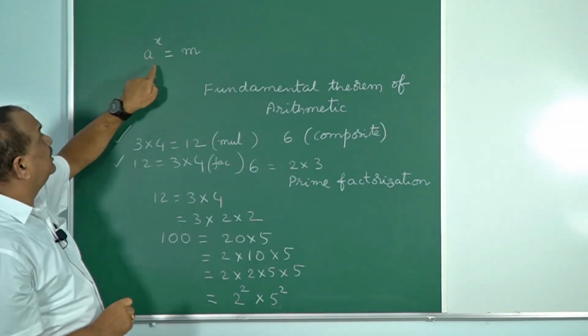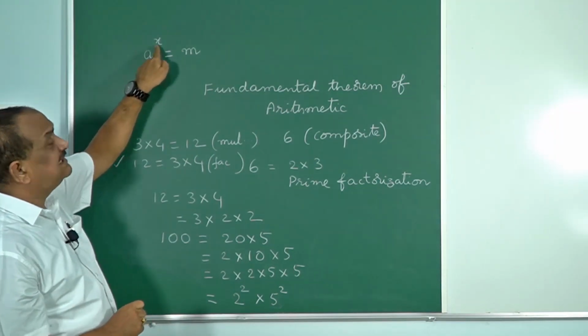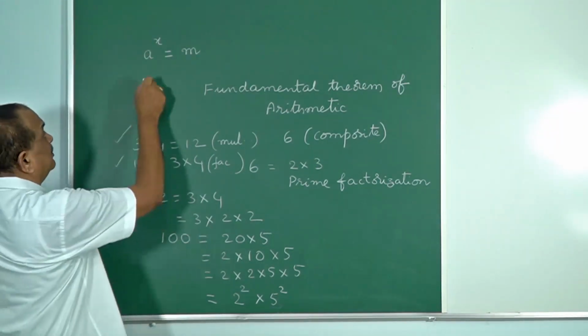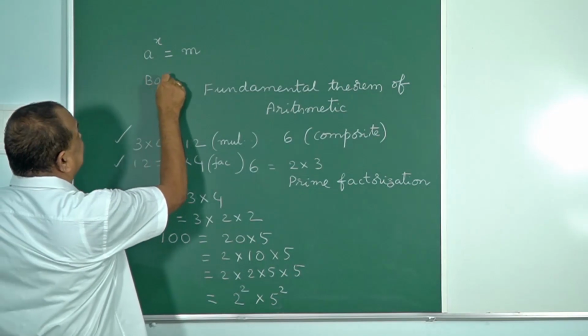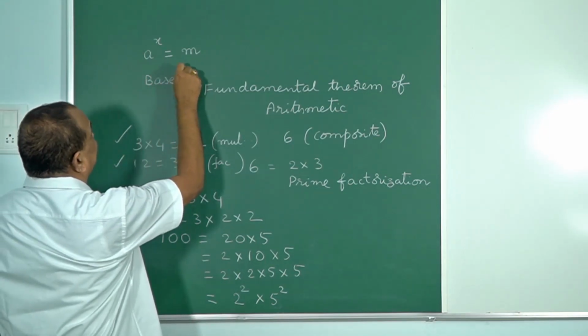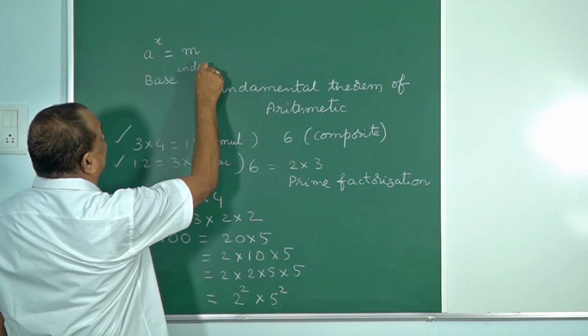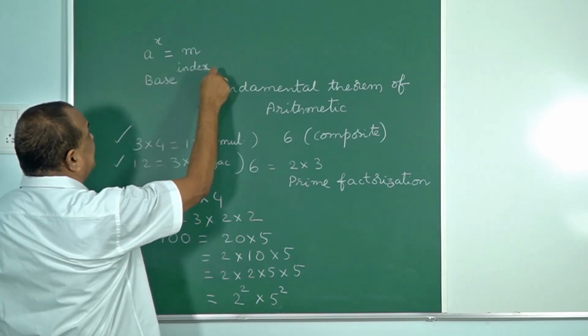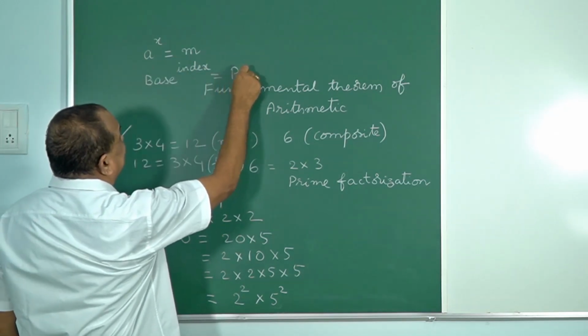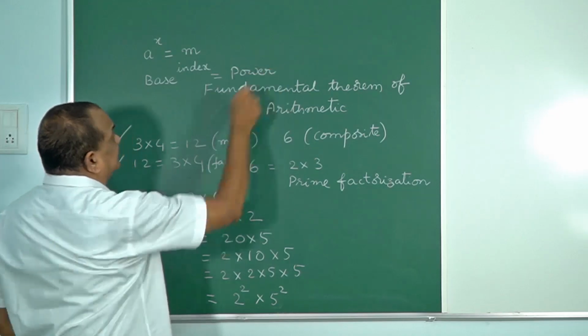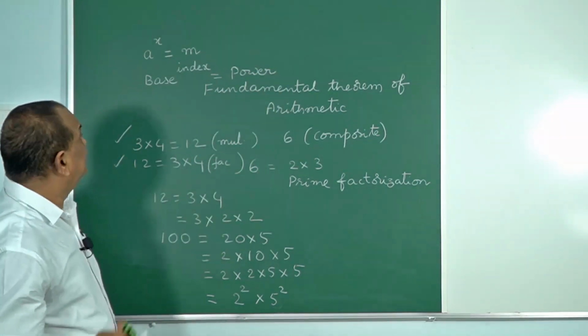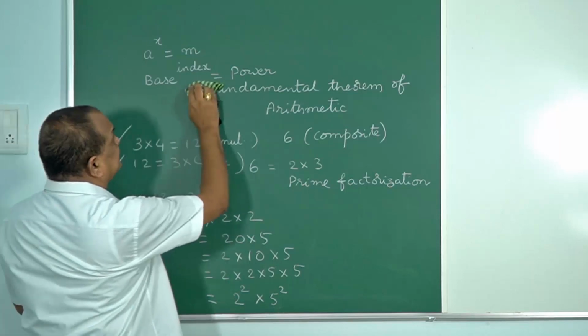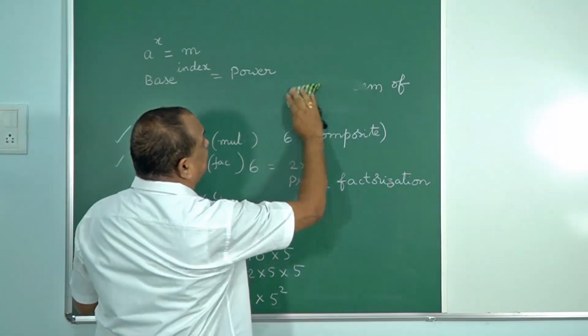But mind you, the whole thing is the power. x is not the power. Remember that. So you should know that this is the base and you have an index, which says how many times you are multiplying this base, and the result is the power. x is not the power. You should understand that m is the power.